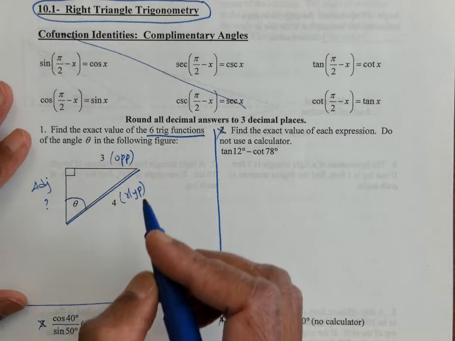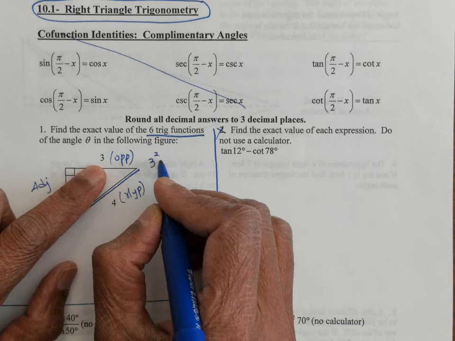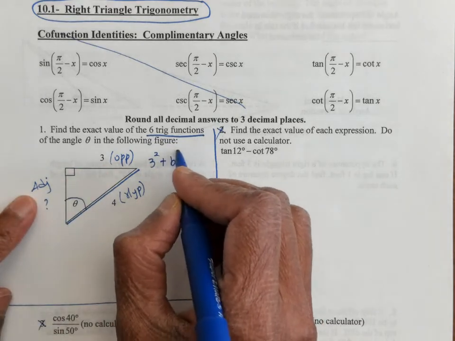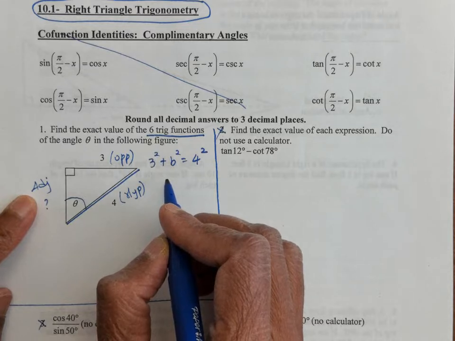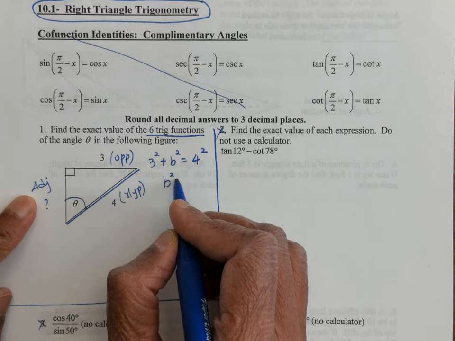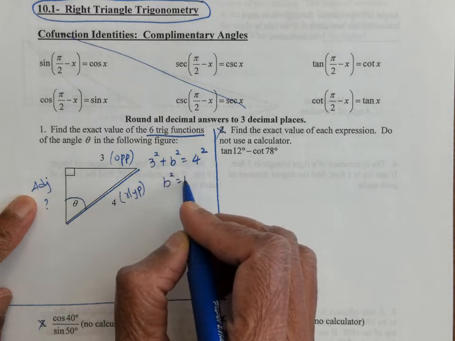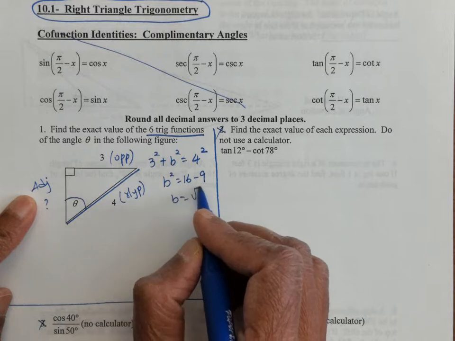You just use the Pythagorean theorem. a squared, which is 3 squared, plus b squared, which is my unknown, equals 4 squared. So b squared equals 4 squared minus 3 squared, 16 minus 9, that is 7. Therefore, b is the square root of 7.